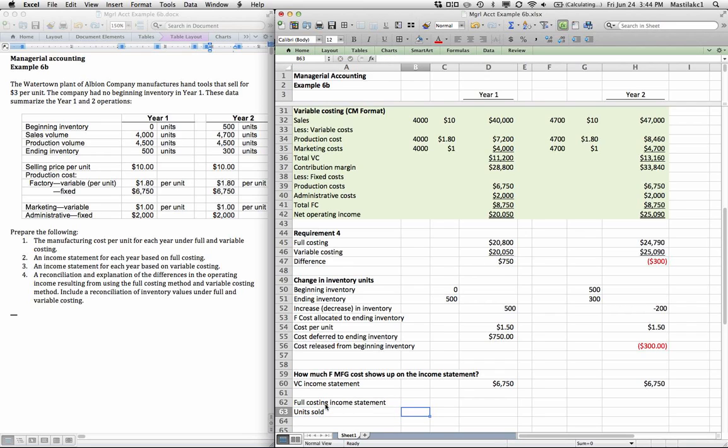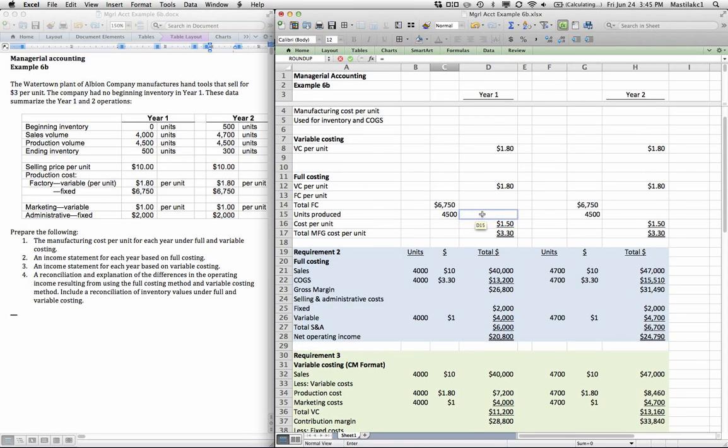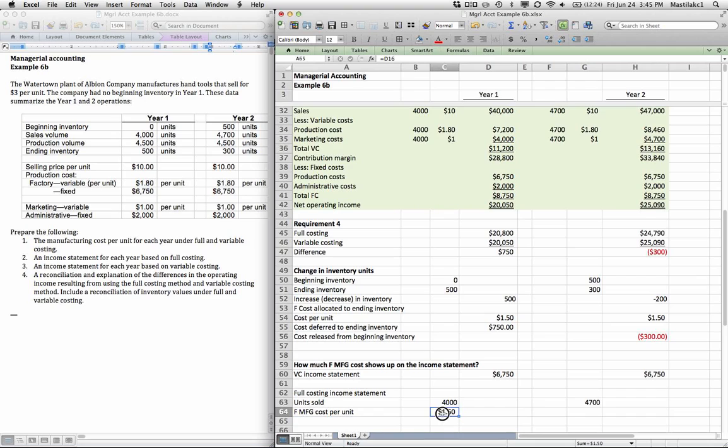How many units did we sell? 4,000 in year one, 4,700 in year two. What's our fixed manufacturing cost per unit? In year one and year two, our fixed cost per unit is $1.50.